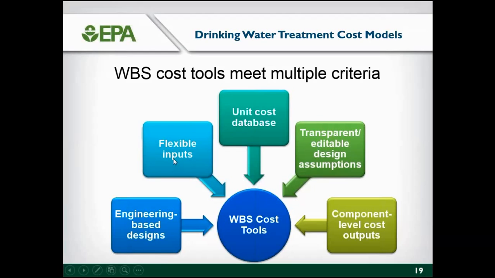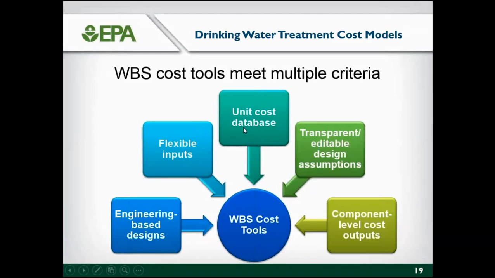Secondly, there are flexible inputs that you can easily change, and you can put in different contaminants and different aspects of a contaminant's treatment effectiveness, and it will recalculate the parameters.